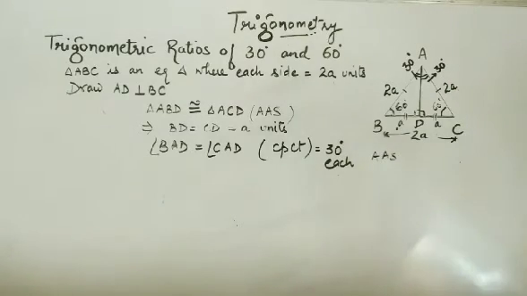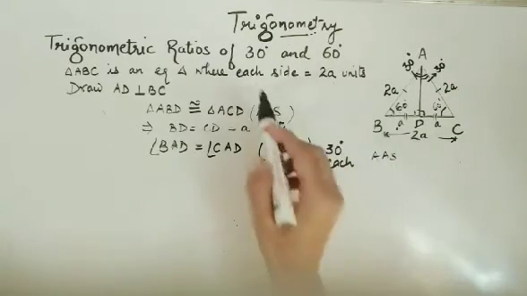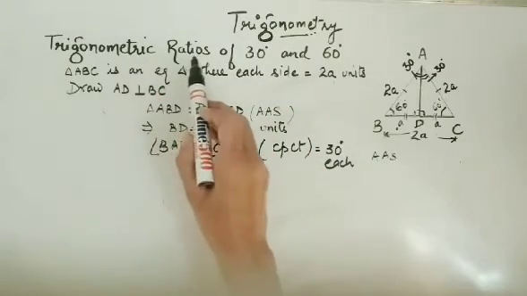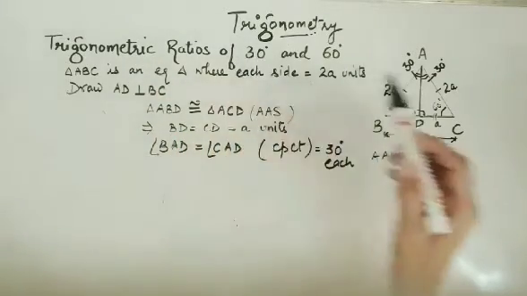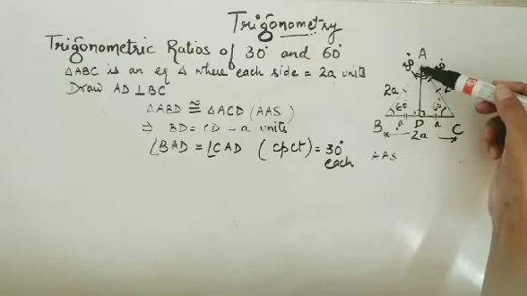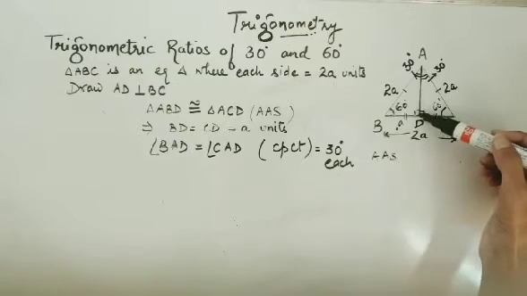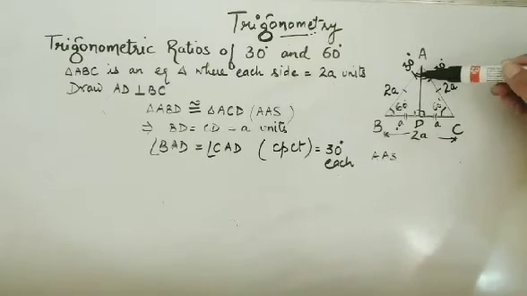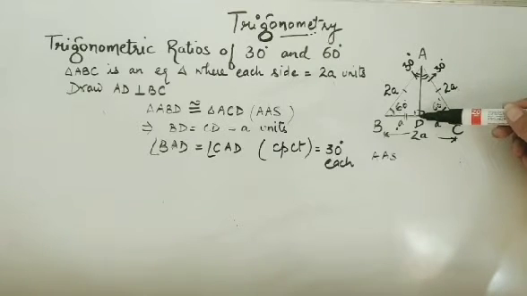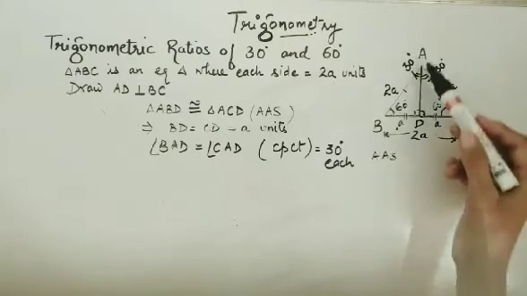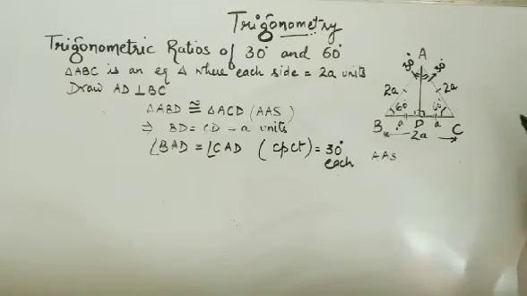Great. Now to find the T ratios of 30 degrees, we would be taking ADB as a triangle which is right angled at D, and the angle is at vertex A, so AD would be taken as base, BD would be taken as perpendicular, hypotenuse would remain the same.